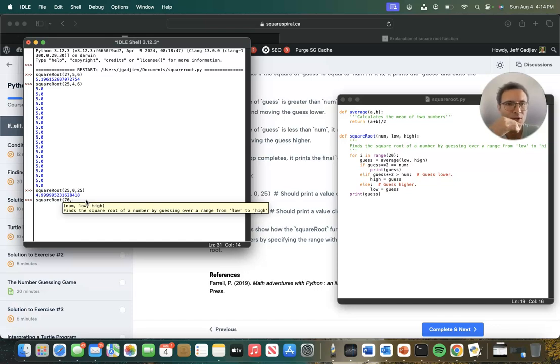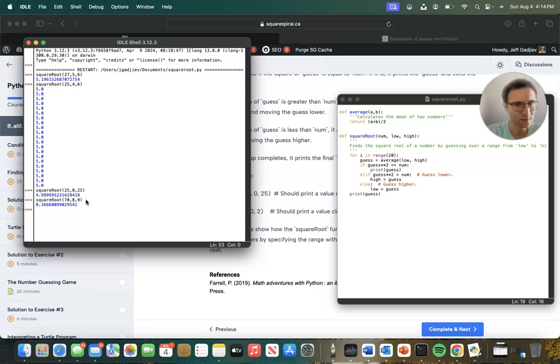So 64, so 8, and then 81, which is 9, right? So let's try this out. So we get 8.366 and so on. So what's being returned here are floating point numbers. A floating point number has many decimals. It's a decimal value.